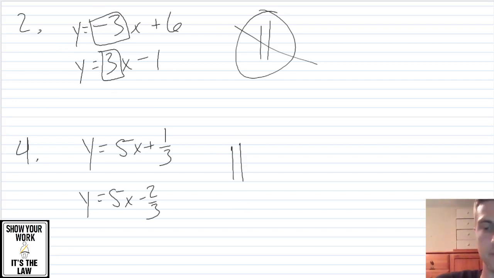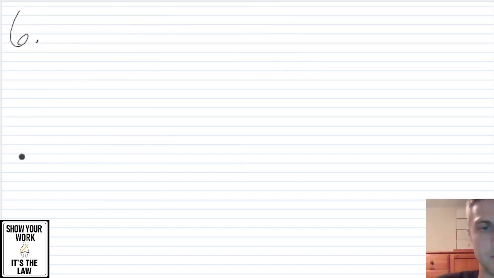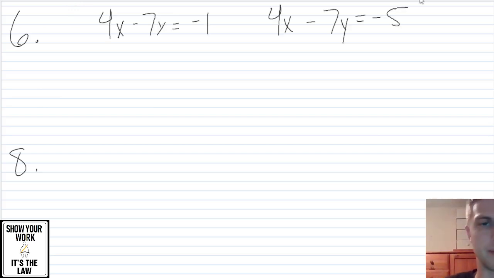Now, 6 and 8 get a little bit different because y isn't by itself yet. It's very important that y is by itself before we determine what the slope is, because that's just how slope is defined. So let's use some algebra and get y by itself. What's happening to y? It's getting added by a 4x, so we'll subtract a 4x on both sides.